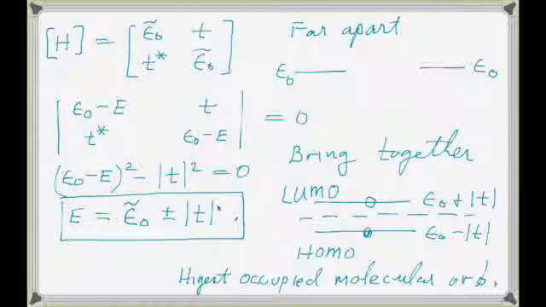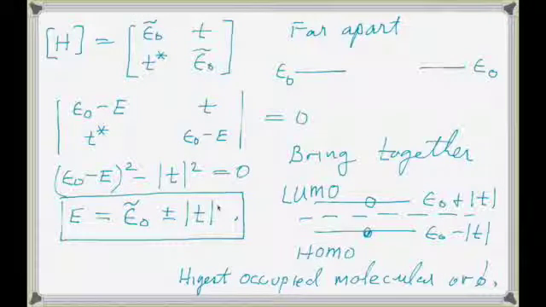Yeah, the HOMO orbital is bonding, and the LUMO is anti-bonding. Let me calculate the eigenvectors, and then you'll see that one is symmetric and one is anti-symmetric. The symmetric one is your bonding state, the lower one. Your anti-symmetric one is the anti-bonding state, the LUMO. But it comes right out when you look at the eigenvectors. So let's do that now.